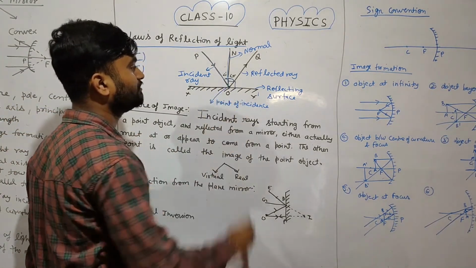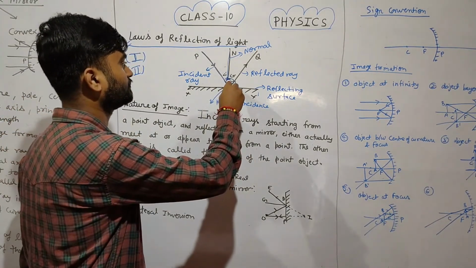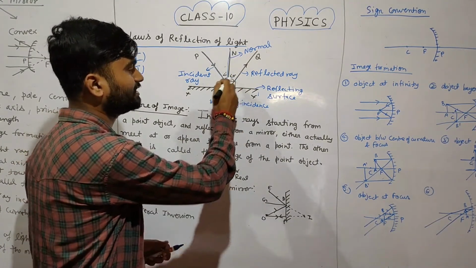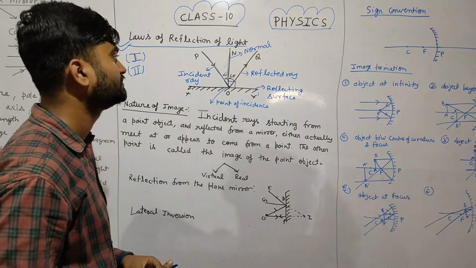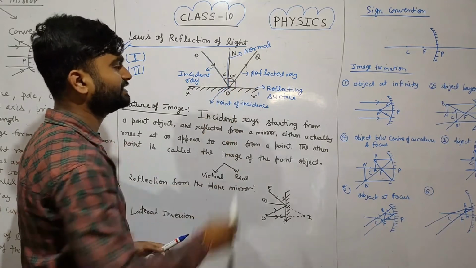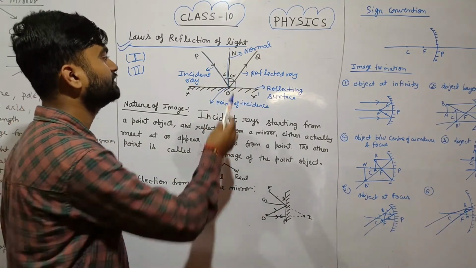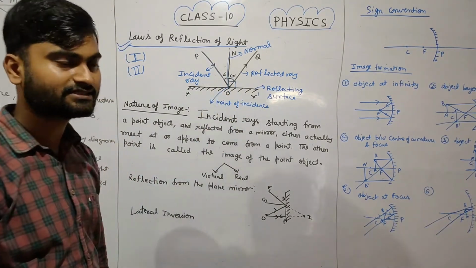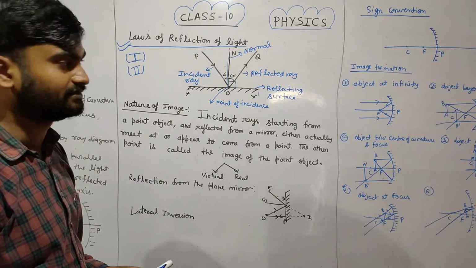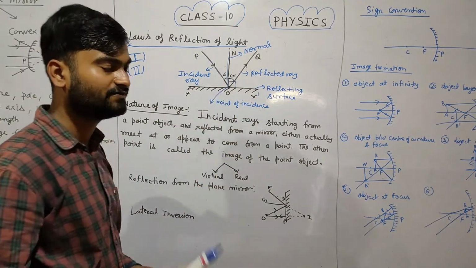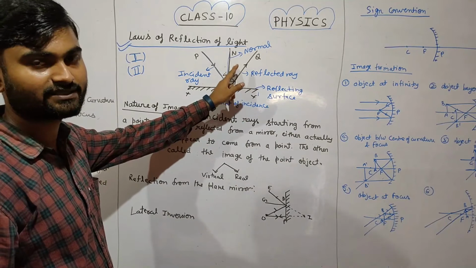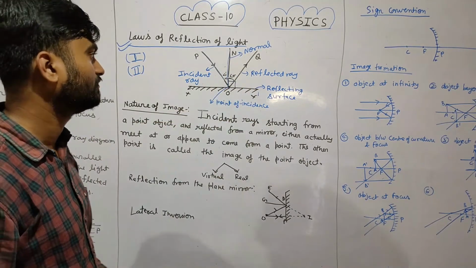Similarly, we define angle R: the angle between the reflected ray and the normal is known as the angle of reflection.